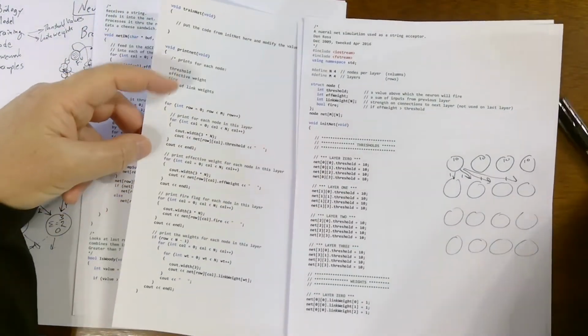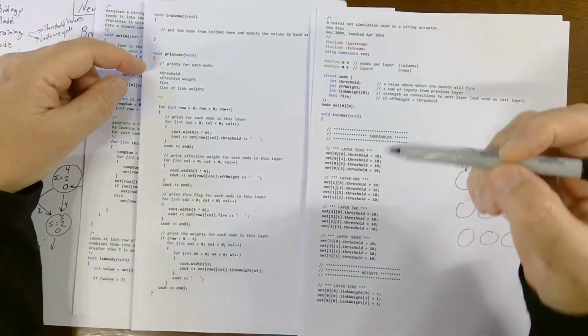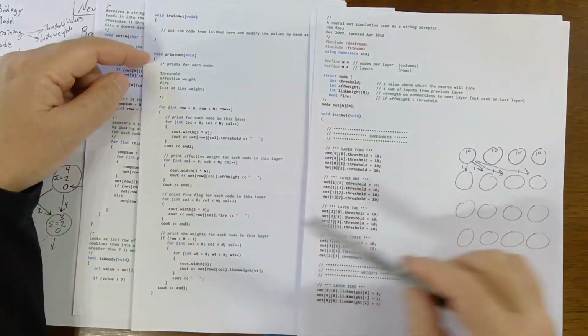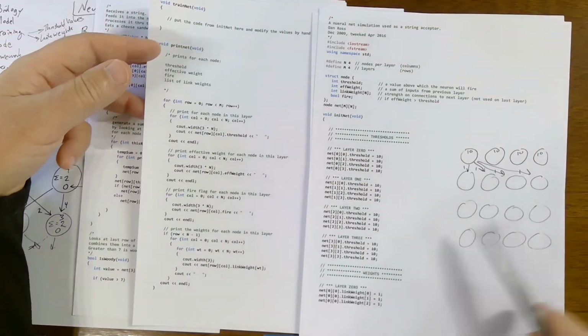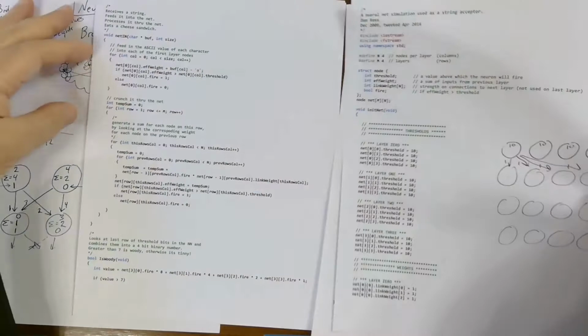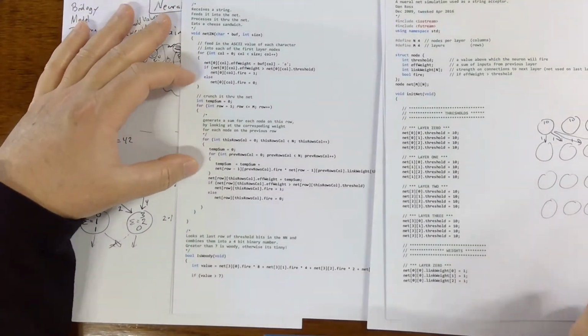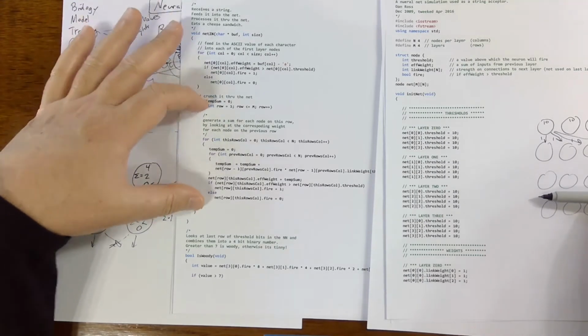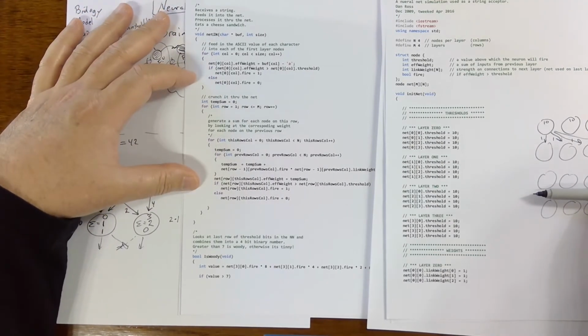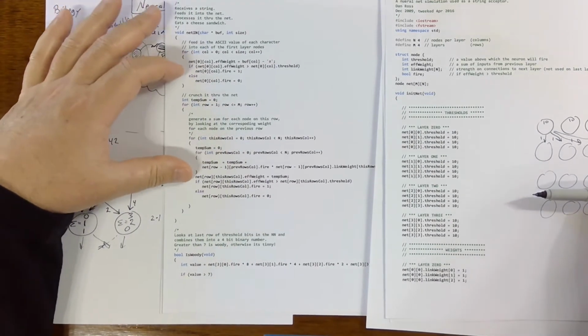So what else do I have in here? PrintNet just prints out the neural network, these values in here. And then I have this calculation, because these nodes fire and send signals down, and then you have to sum up and calculate whether it's going to fire again, and then sum up and calculate whether it's going to fire. That's what's happening here. You can go through this code if you want.